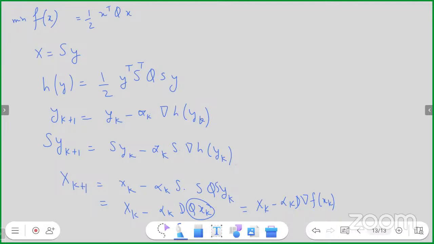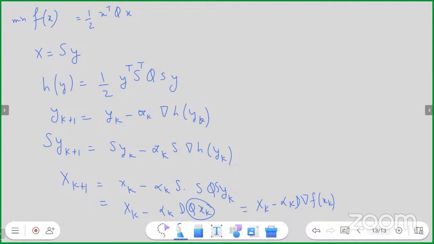Something strange is happening. This should not change the problem, right? It's just making the S equal to S y transformation, S being positive definite. Nothing should really happen.